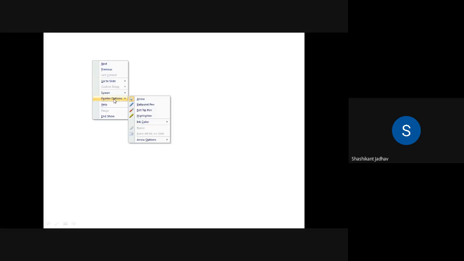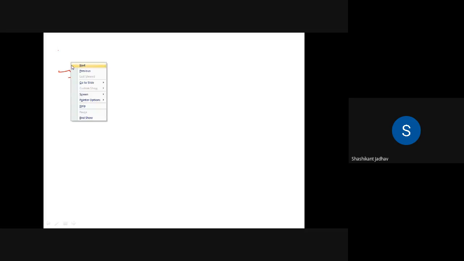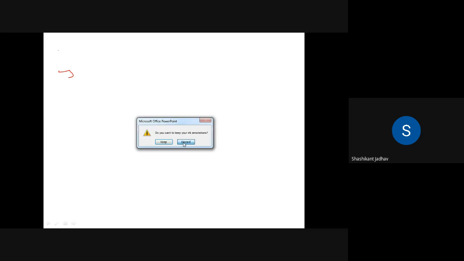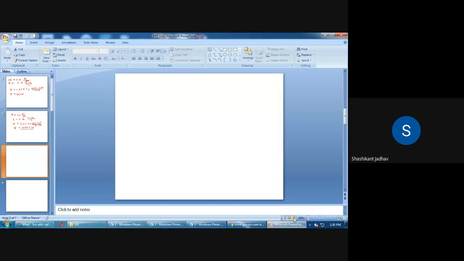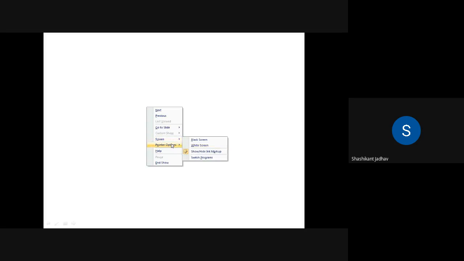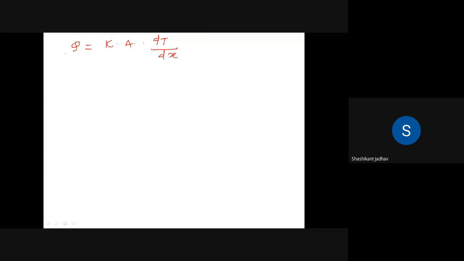By using that, what is the equation? We know that the equation is Q equal to K into A into dT by dx.